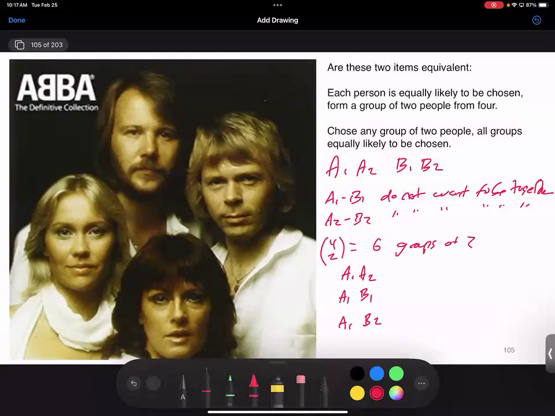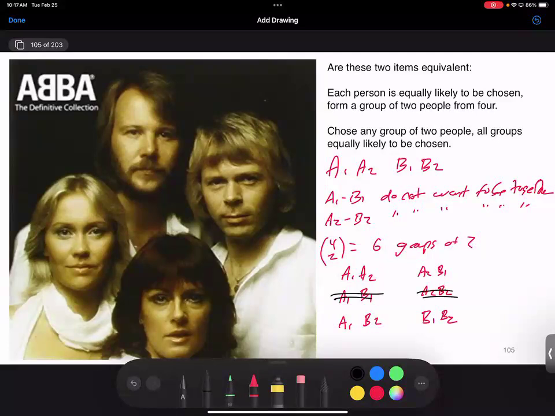Now I've handled all the groups with A1. Now let's look at when I don't have A1, so I could have A2, B1; A2, B2. And now I've got all the groups with A1 and A2, so I'm left with just B1, B2. But we're going to eliminate the group A1, B1 and the group A2, B2. So when I look at it like this, there are 4 groups of 2.